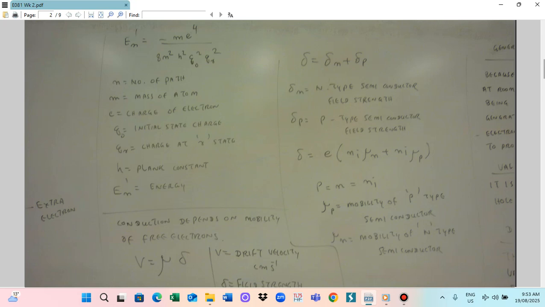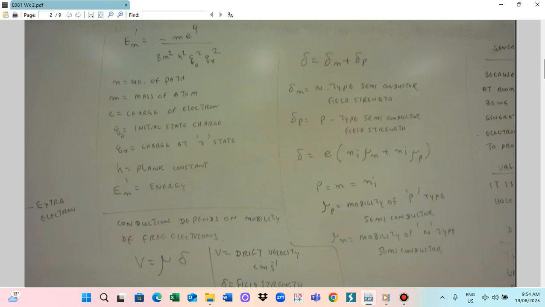So the conduction depends on the mobility of free electrons. You see the germanium semiconductor and the silicon semiconductor. Silicon is better than germanium because it has more free electrons, and in the meantime its mobility will be higher. This mobility can be calculated.